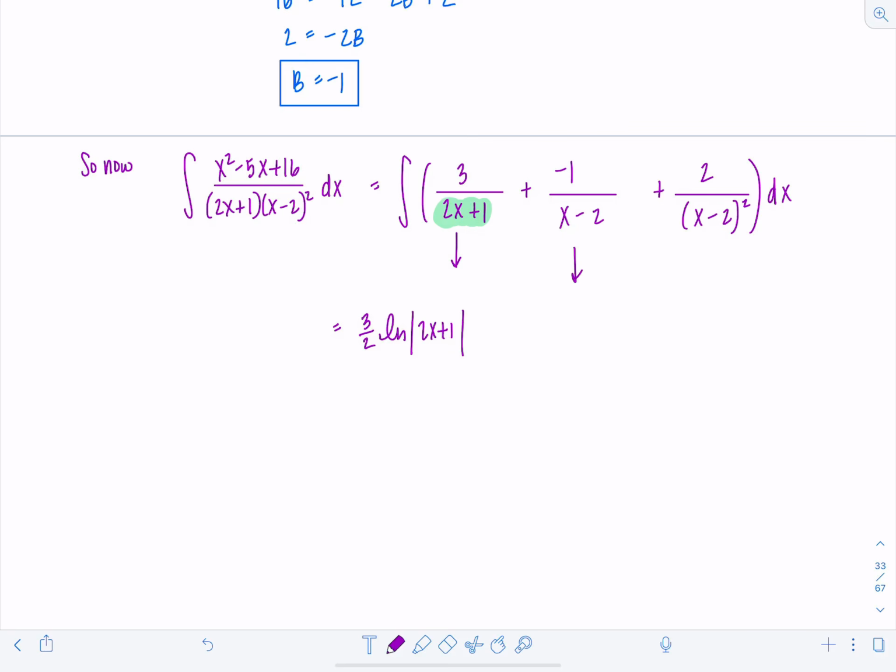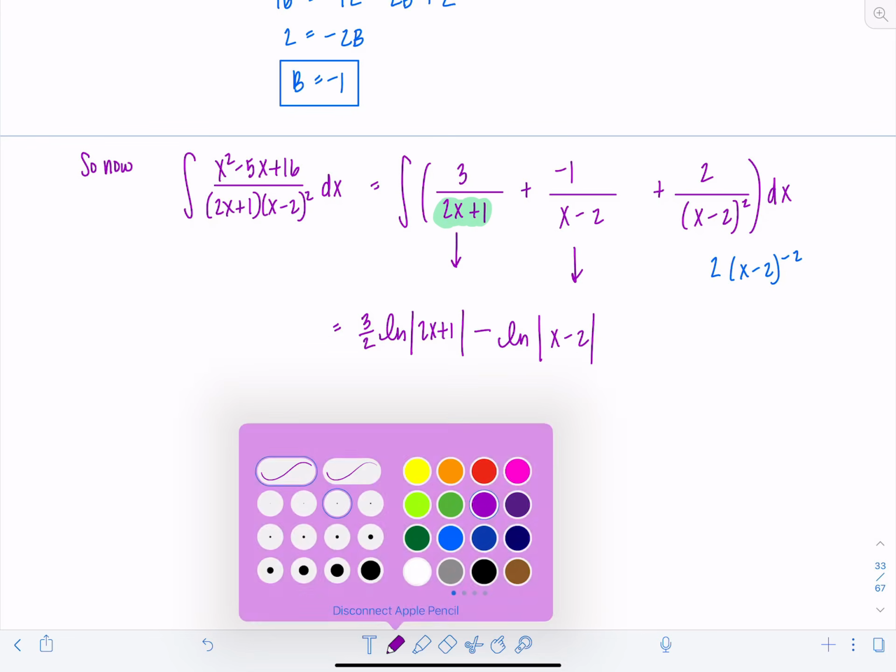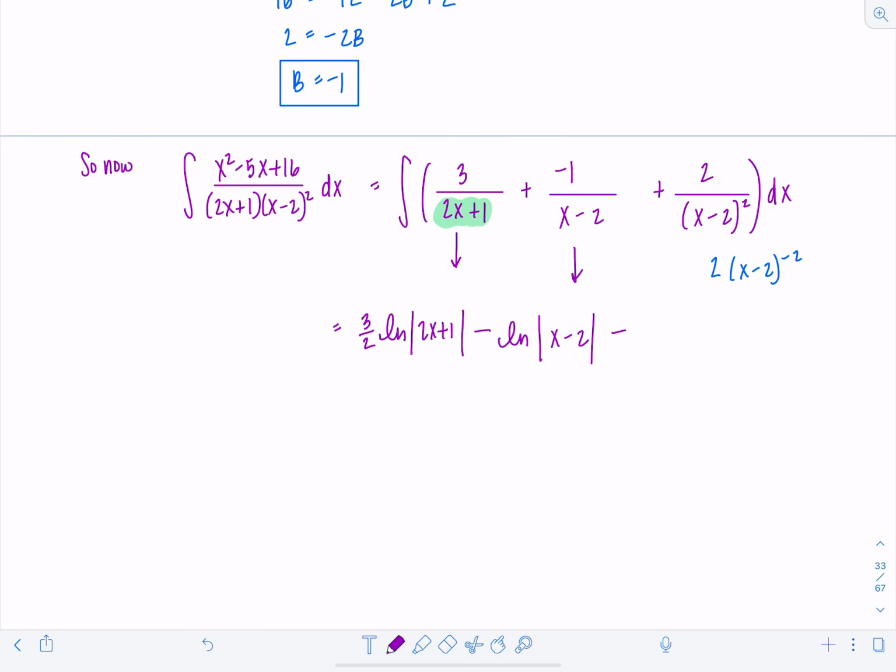Same thing for the next one, right? Just minus natural log absolute value x minus 2. And then don't forget here, this is 2 times (x minus 2) to the negative second. So increase the exponent by 1, divide by the new exponent. Now you're going to have negative 2 over x minus 2 plus c.